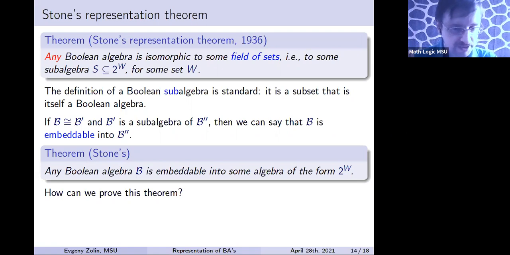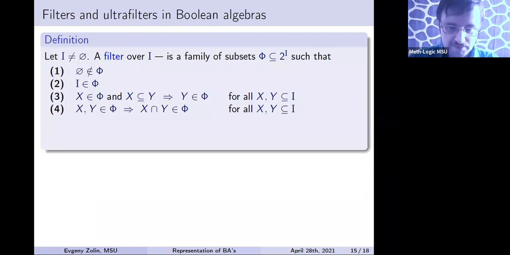And even if we take the disjunction, even if it exists, we're not guaranteed that this disjunction will be exactly equal to our element A. So there are many problems in the previous proof. So now we need to invent something new. But here, filters and ultrafilters help us.